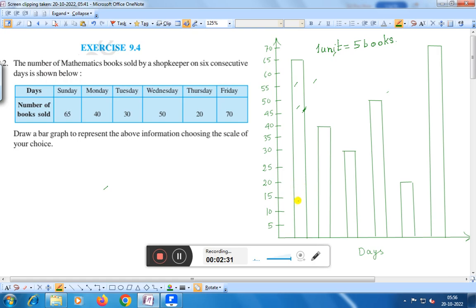We are writing Sunday: S, U, N, D, A, Y, Sunday.